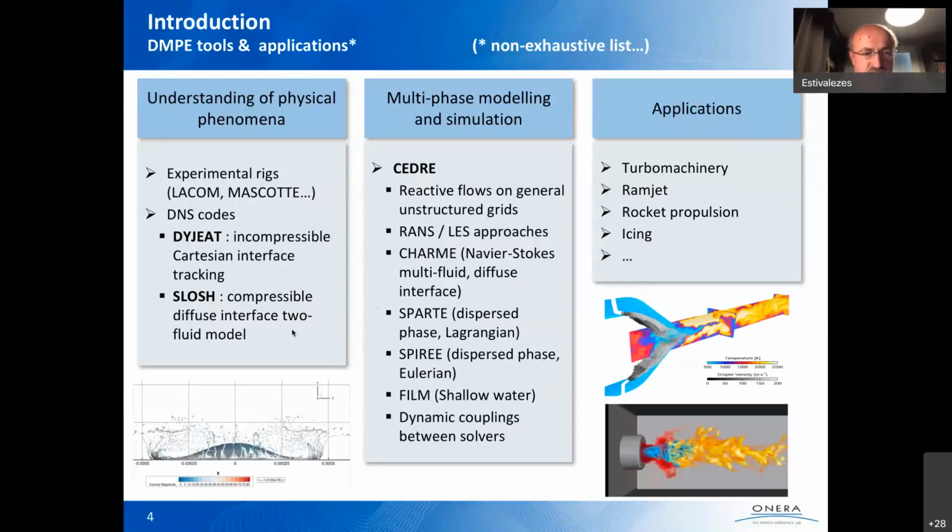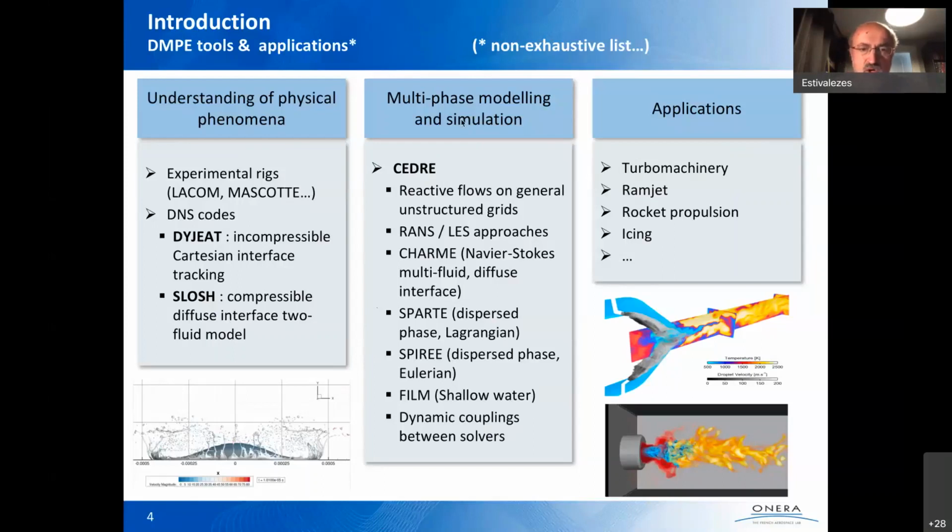This second code is kind of a prototype of the industrial code we developed for years at ONERA, which is called CEDRE, which is a general multi-purpose CFD code which can deal with reactive flows on general unstructured grid, like for example OpenFOAM.